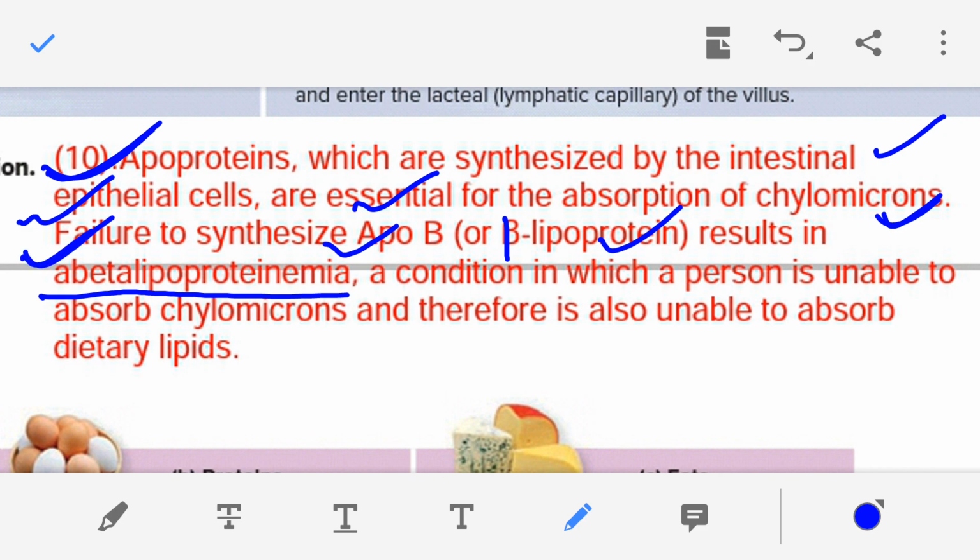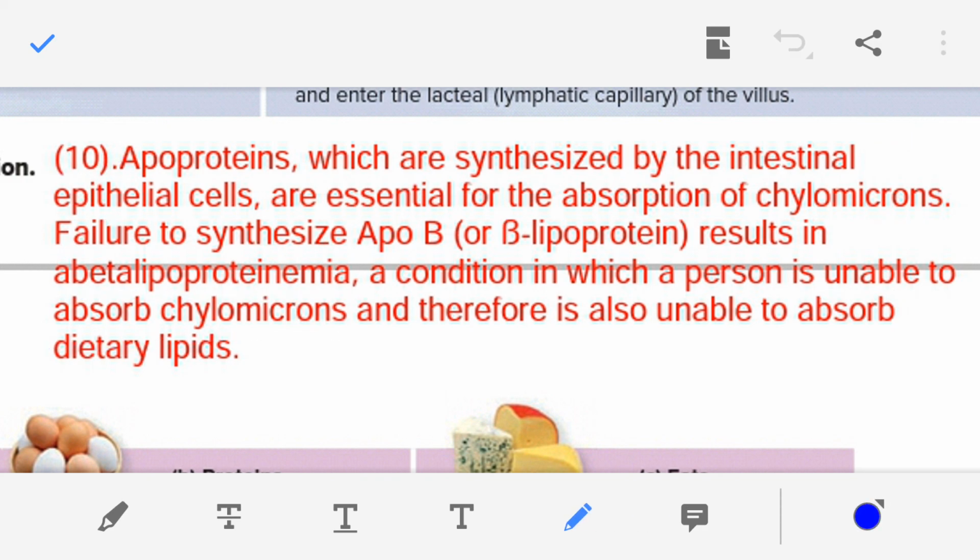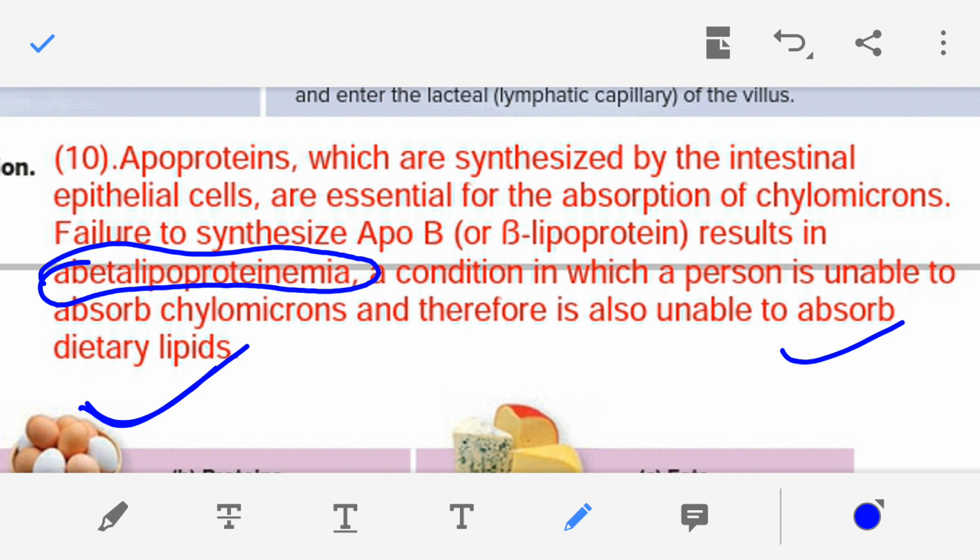In this condition, a person is unable to absorb the chylomicron. That's why the person suffering from this condition is not able to absorb the dietary lipids.